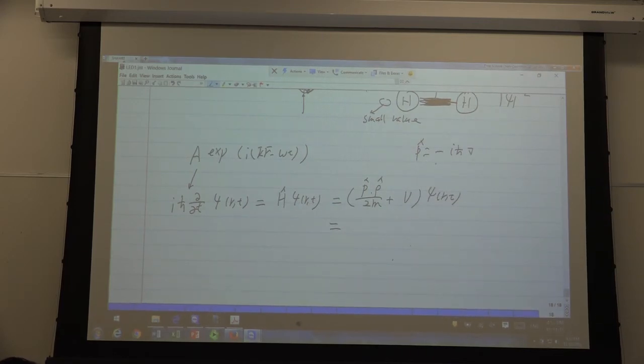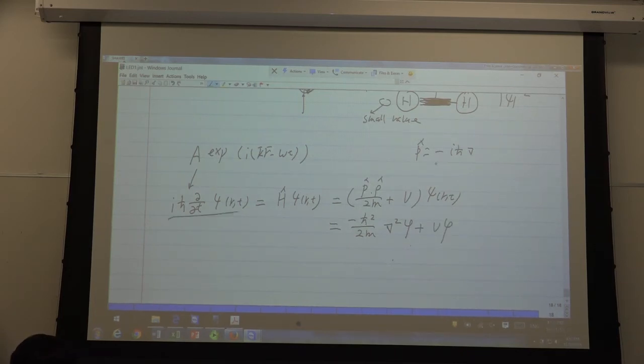So this is minus h bar squared over 2m Laplacian operator phi plus V phi. This is the Schrodinger equation.